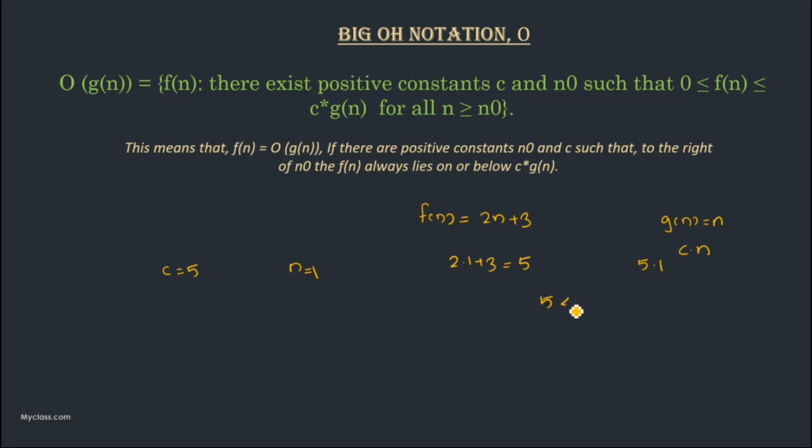So here we can write 5 is less than or equal to 5. We can say that f of n is big O of g of n. For a constant value c equal to 5 and from n equal to 1 onwards, f of n is always under c into g of n. Hence, when we can find such a function, we can write f of n equals big O of g of n. That is the maximum time, or the worst case, an algorithm should take.